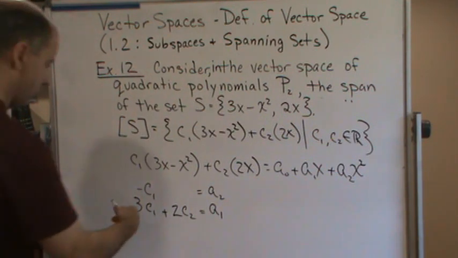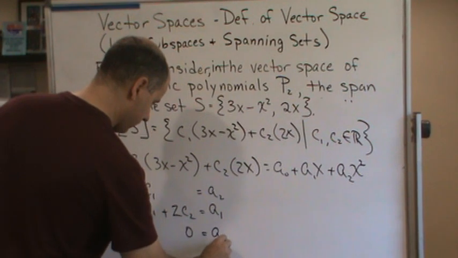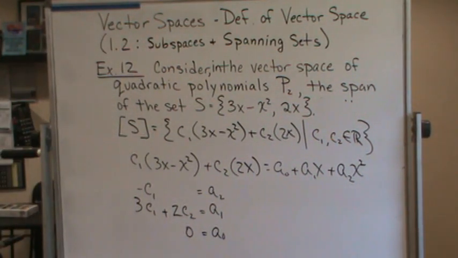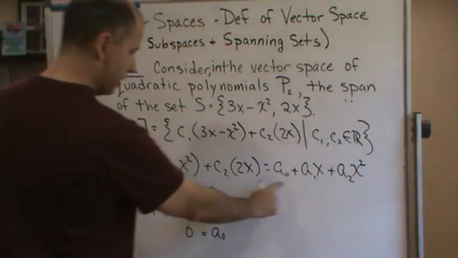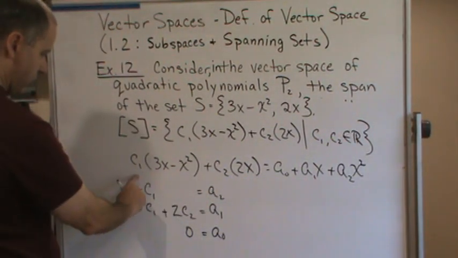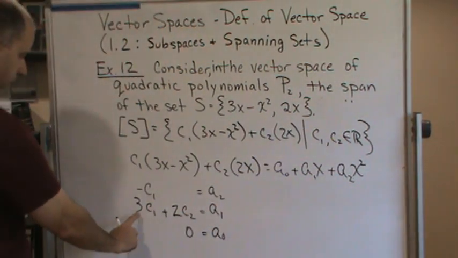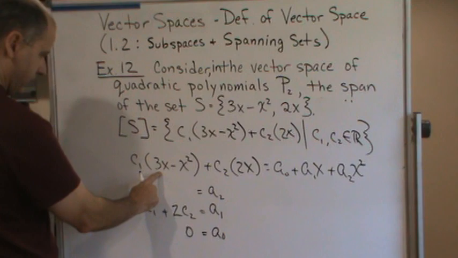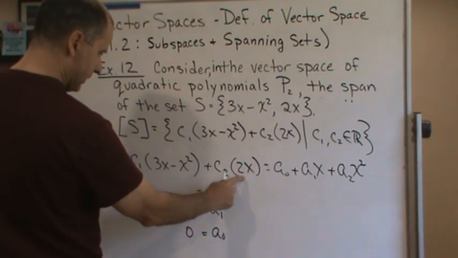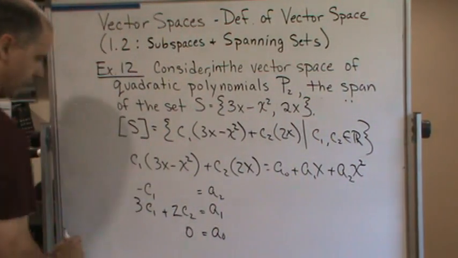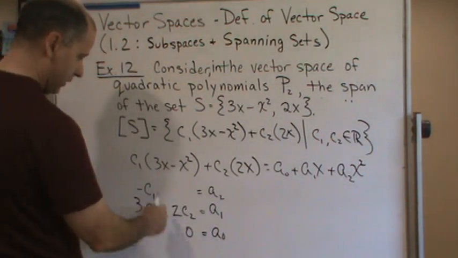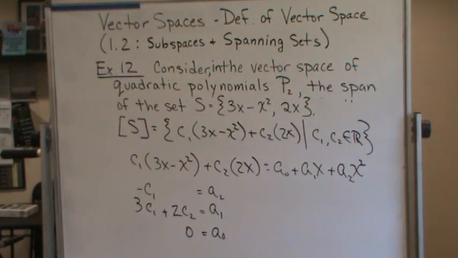And then, of course, we're going to have 0 equal to A0. So C1 goes with A2. If we distribute, you can see negative C1 is equal to A2, 3 times C1 plus 2 times C2 is equal to A1, and then 0, of course, is equal to A0. So this is our system that we're going to solve.